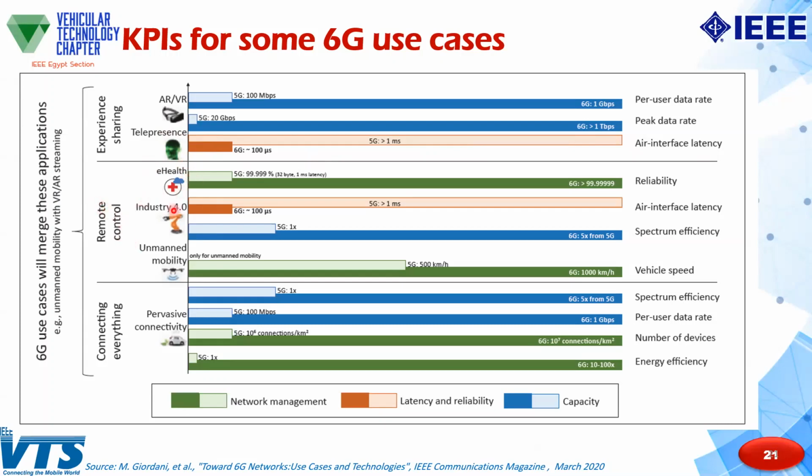Remote control may be used for health applications, the industrial revolution IR4, and unmanned mobility. This comes from having very small latency, a very large data rate, and very reliable communication, so you can depend on this facility.